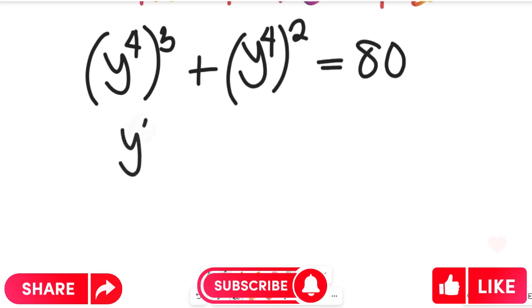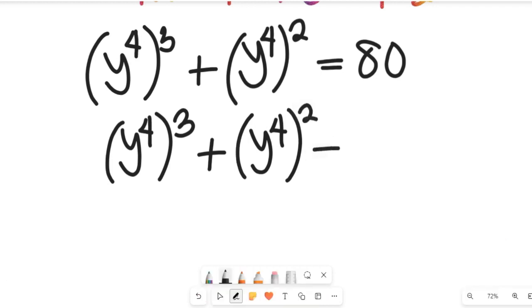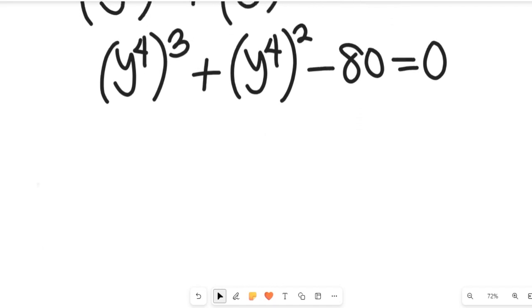We'll have y to the power of 4 all to the power of 3 plus y to the power of 4 all to the power of 2, and this will be minus 80, equal to 80 minus 80, which is going to give us 0. So that expression is taken.